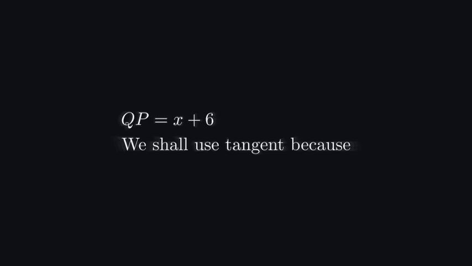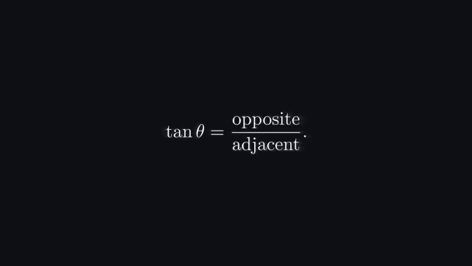We shall use tangent because each triangle gives us a height and a shadow length. Tangent connects the opposite side and the adjacent side.